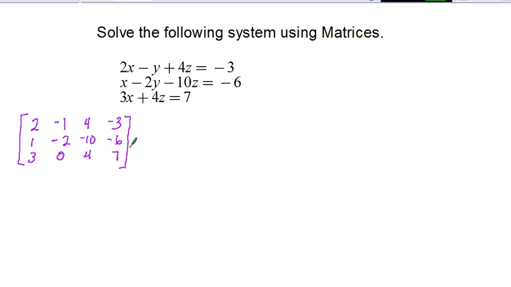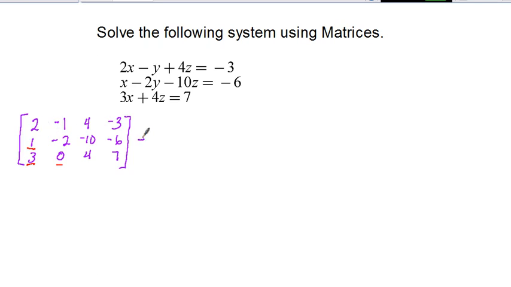And our goal is to try to get these three slots all to be zeros for us. And we would like to have 1s here, so let's go ahead and make it simple and swap row 2 with row 1.